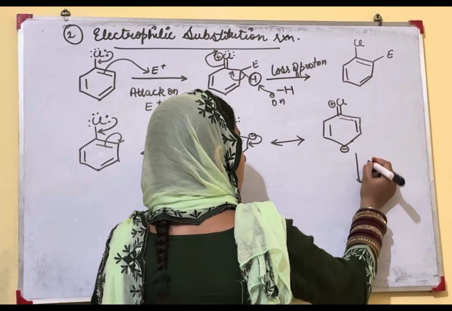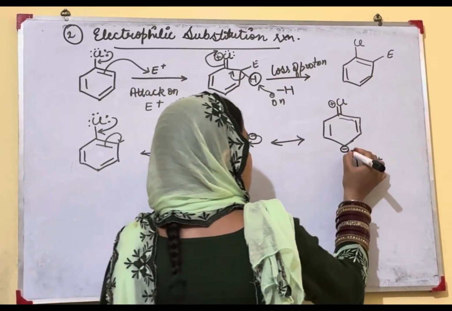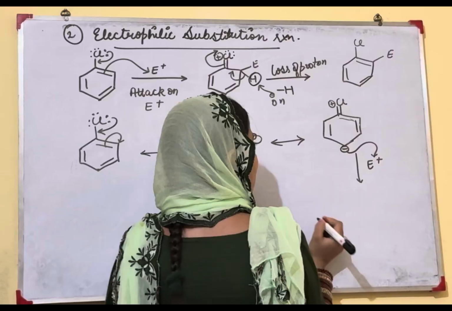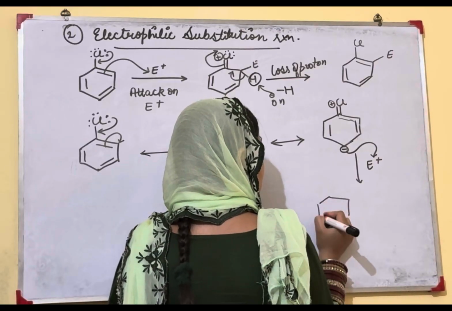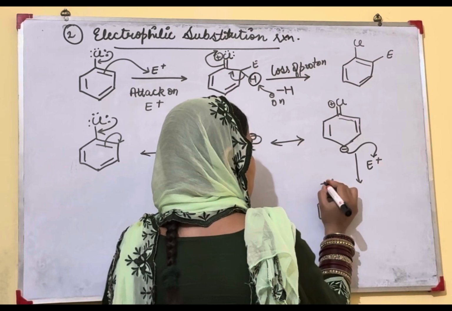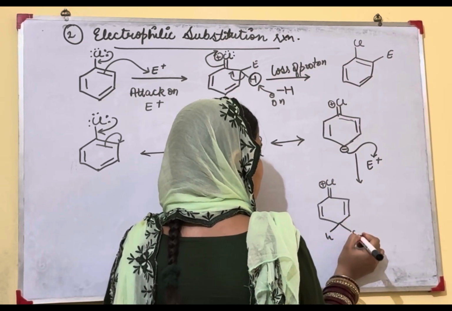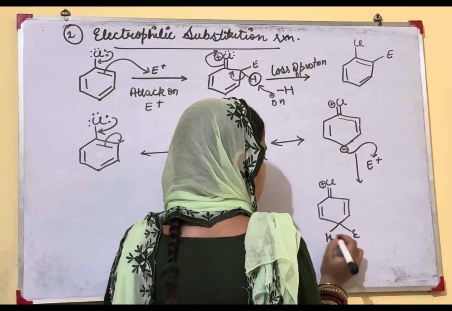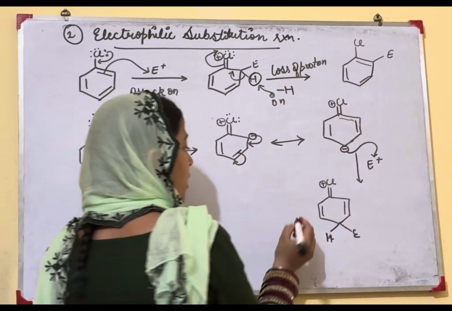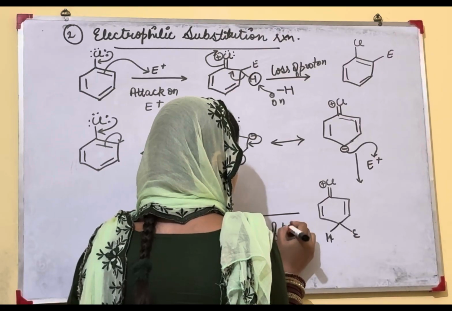Now in this step, there is the attack on the electrophile. This negative will attack on the electrophile. Then what will happen? Here is the double bond, here is Cl positive, and here hydrogen and electrophile. So to make it aromatic again, the next step is loss of proton.